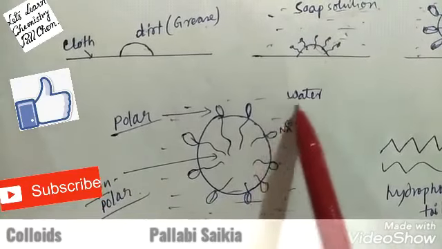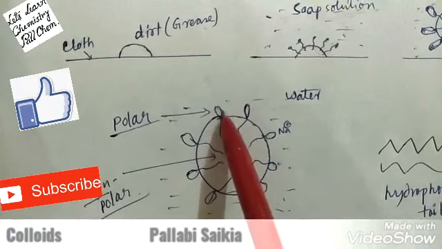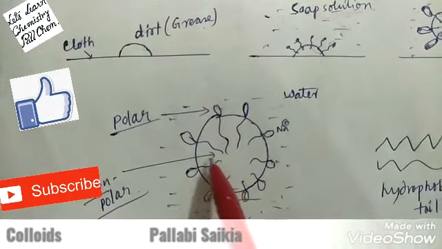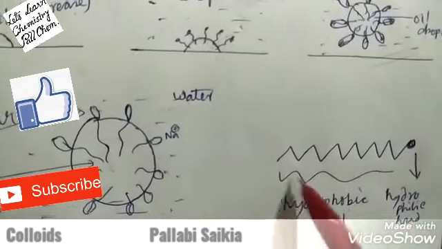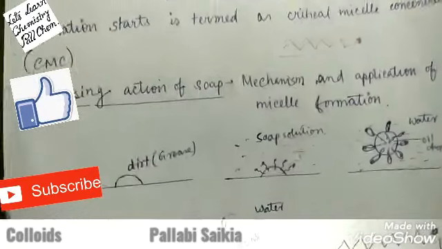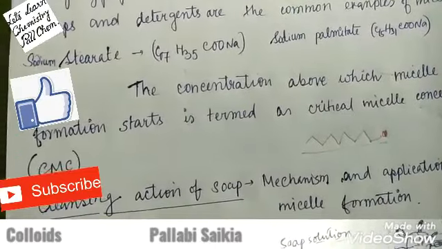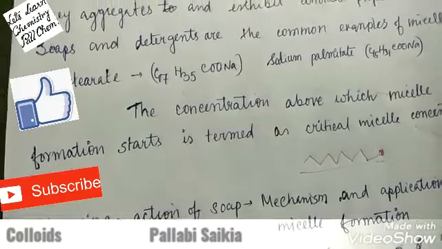The water is there, the polar head is directed towards water, and the non-polar tail is towards the oil particle. This is the hydrophobic part and this is the hydrophilic part. So that's all for today. These are the topics related to colloids. Thank you.